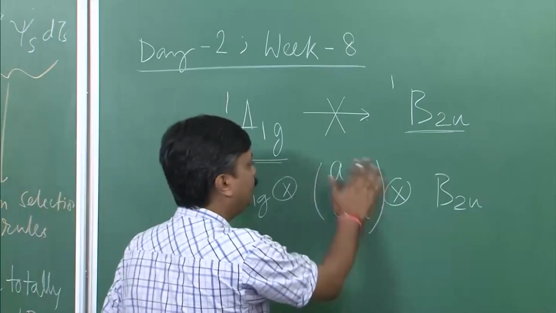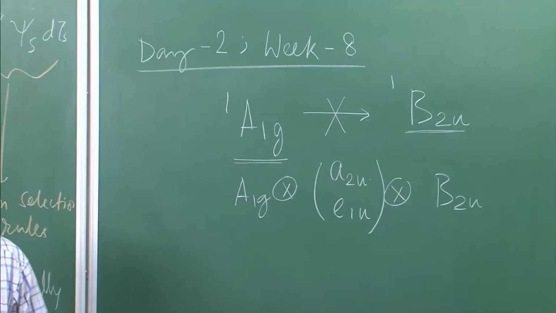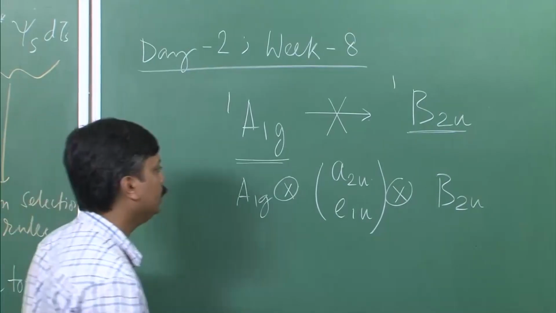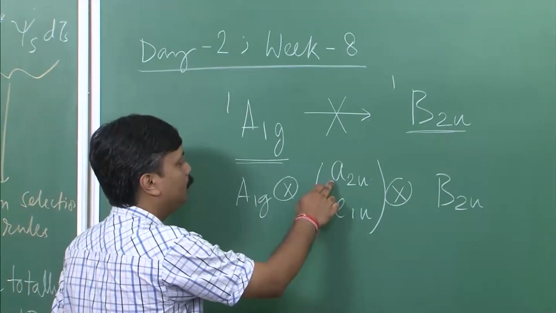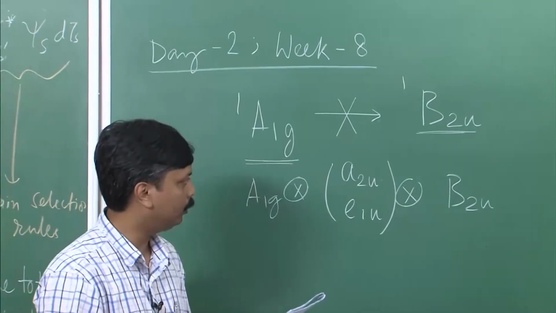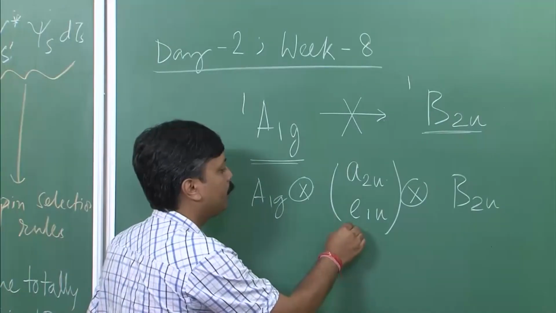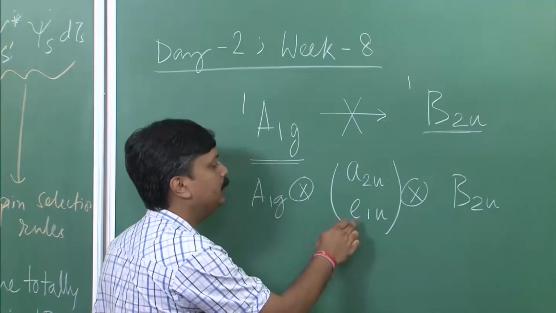So I wrote it in a particular way that you will be seeing in most of the books related to electronic spectroscopy. Here A2U forms the basis for the z axis, while x and y transform as E1U.